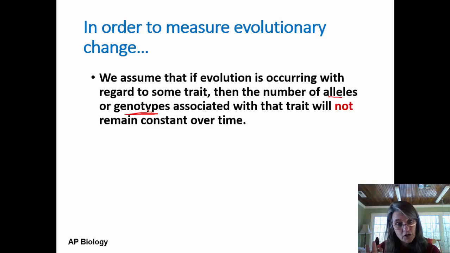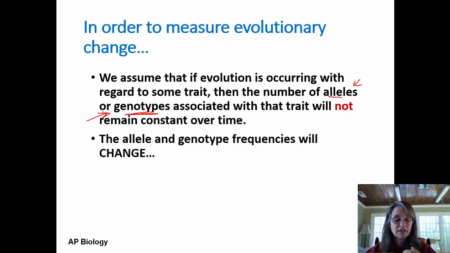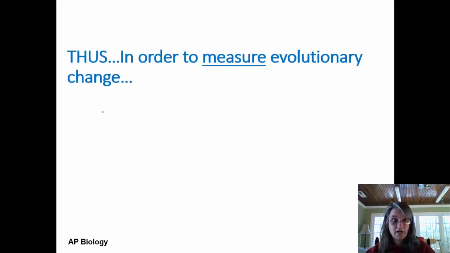If evolution is occurring, there is some kind of change going on in terms of the frequency with which we see big A in the population. So the allele and genotype frequencies will be changing over time.